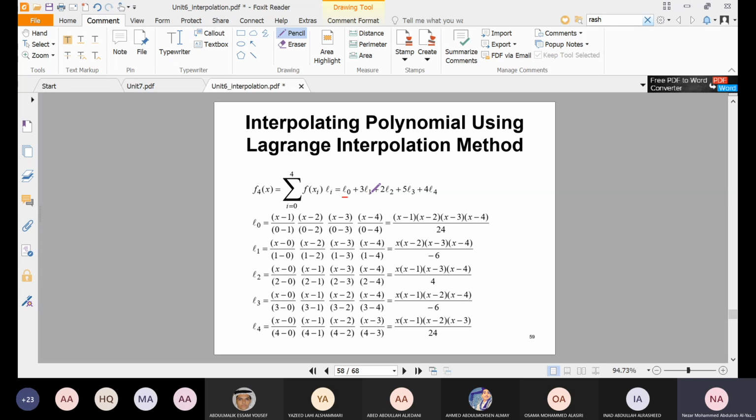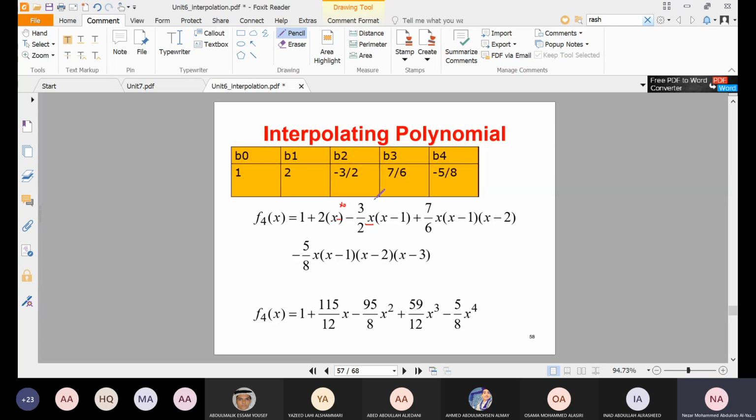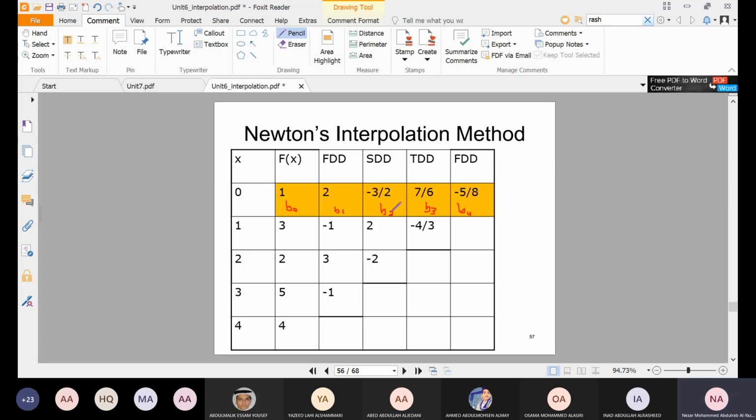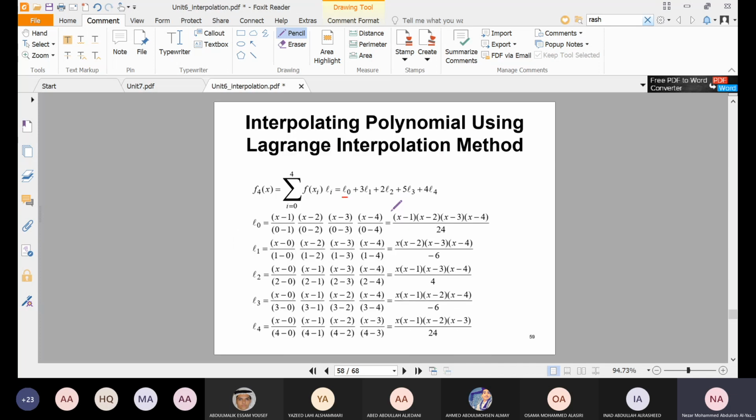L1 is multiplied by the function at x1, which is equal to 3 from the table. I should pick it from the table here. L2 is multiplied by the function at x equal to 2, L3 by the function at x equal to 3, and L4 by the function at x equal to 4.